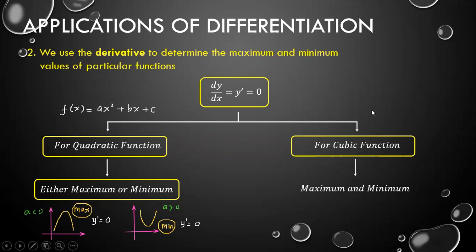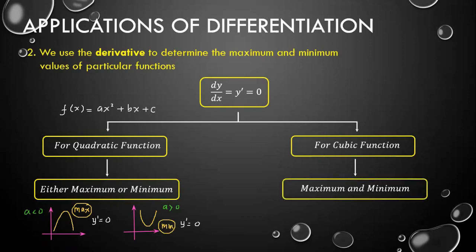So you have to understand, for the cubic function, there is one maximum point and one minimum point, and actually there is one point of inflection.